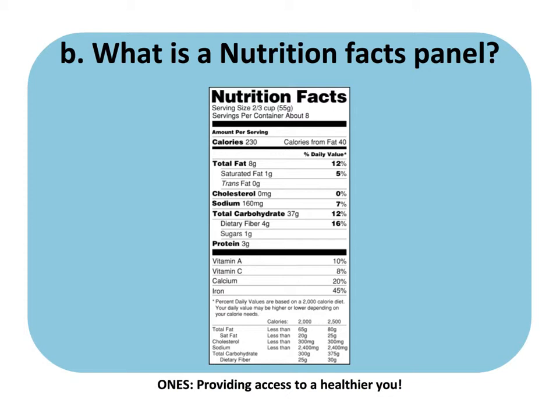This way, we can have accurate information about the foods we buy. All processed and packaged foods must have nutrition facts. Some foods like fresh fruits and vegetables, fresh seafood, and spices do not require a nutrition label. Restaurants are not required to label their foods, but some volunteer to do so.